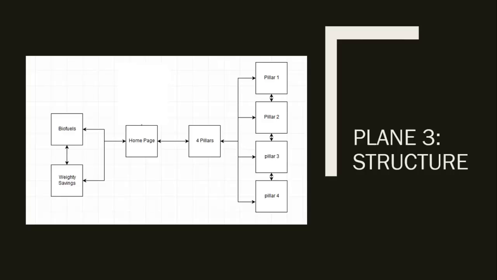There are biofuels and the weight savings, which are the little bit less technical areas. And then there is the 4 pillars approach, which leads into each of the pillars, including technology, operations, infrastructure, etc.